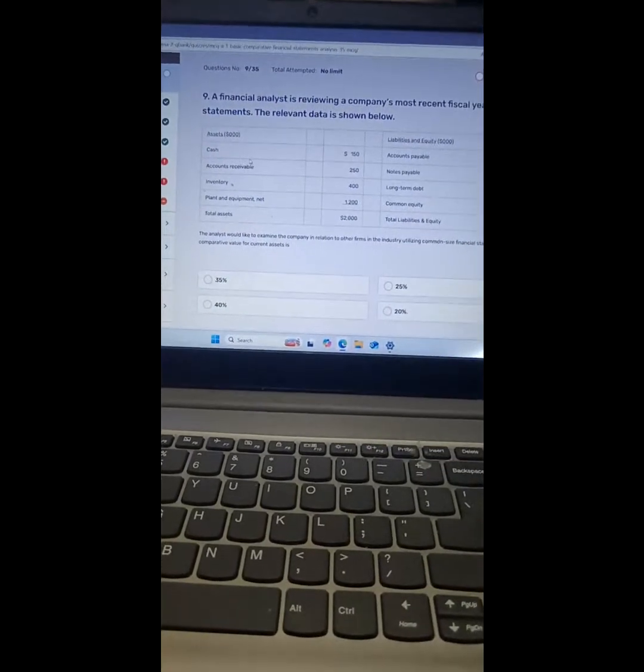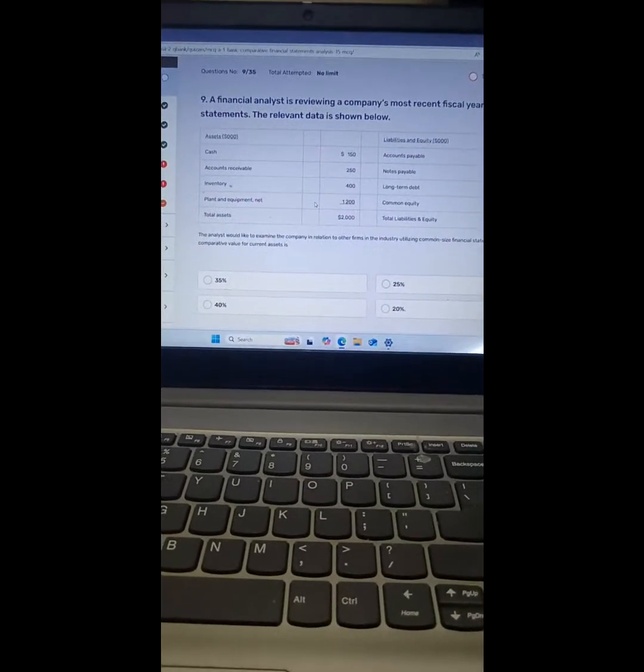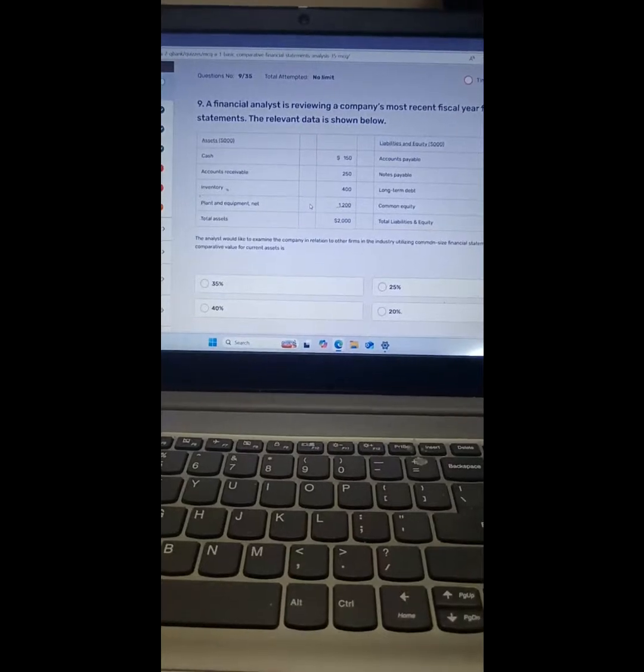Simple. Now we are going to ask another question, and this question is saying there is data, these assets given: cash, accounts receivable, inventory, plant and equipment, assets and liabilities as given here, and a financial analyst reviewing the company's most recent financial year.